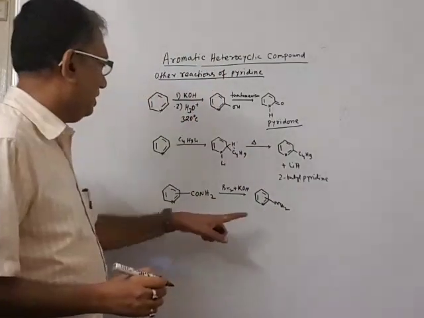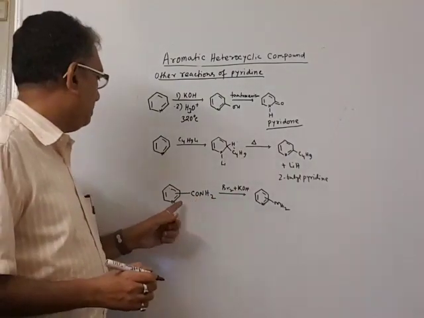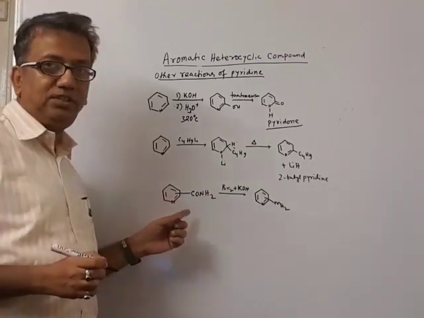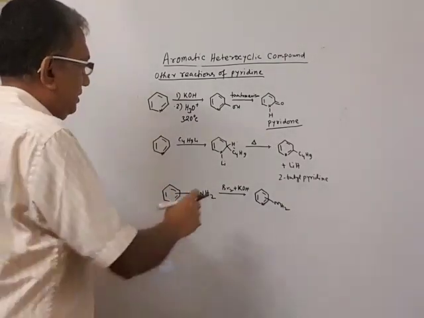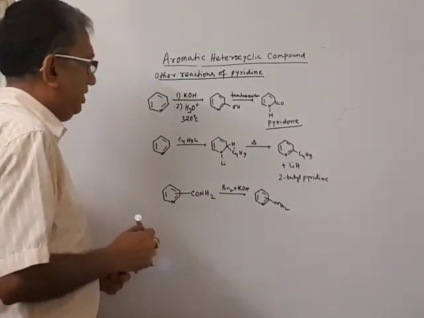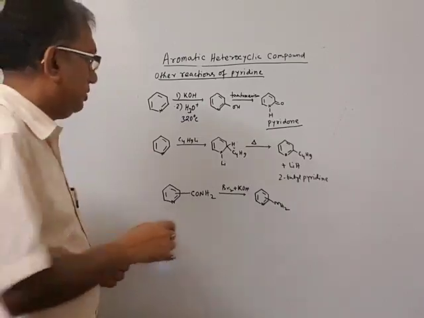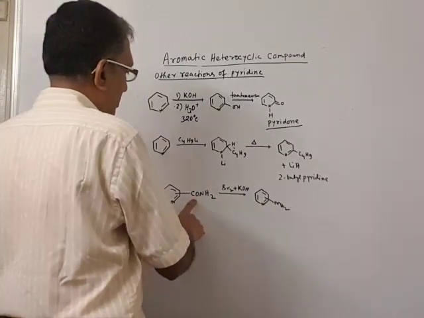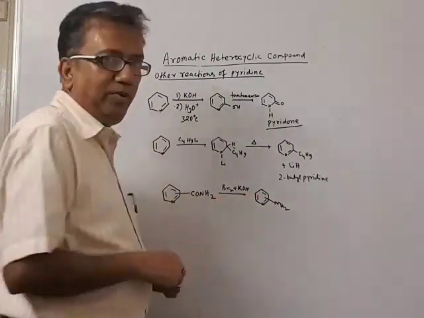That means the CONH2 group can be present in any of the positions of pyridine, and on treatment with bromine and KOH, this Hofmann degradation reaction takes place, and one carbon is lost from this compound, and we are getting this amino product.